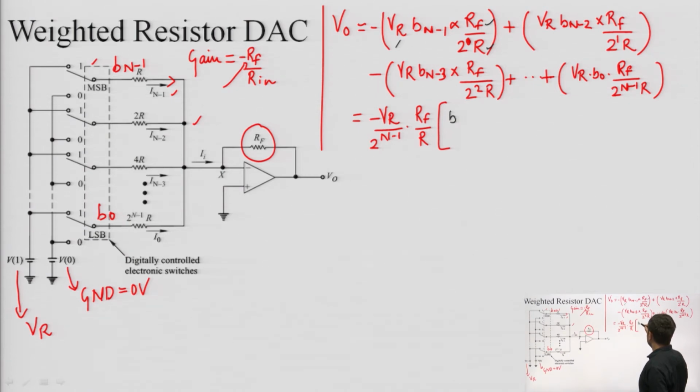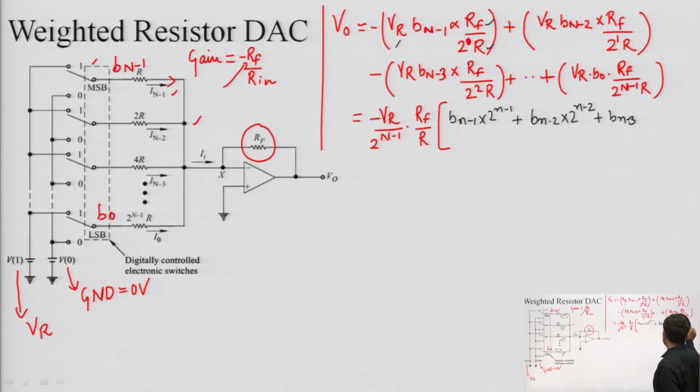So it will be Bn minus 1 into 2 raised to power n minus 1. Similarly for the second branch, it will be Bn minus 2 into 2 raised to power n minus 2. Similarly, Bn minus 3 into 2 raised to power n minus 3. Okay.